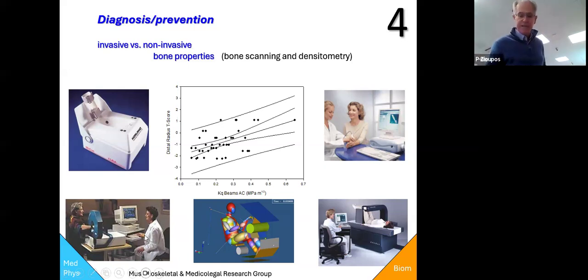So these are some applications. It's all helped by the underlying science that if you know what bone is and how bone behaves, then you can understand what these instruments tell you.